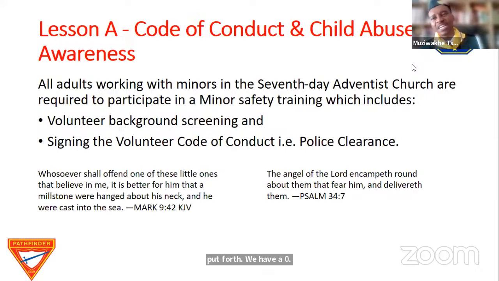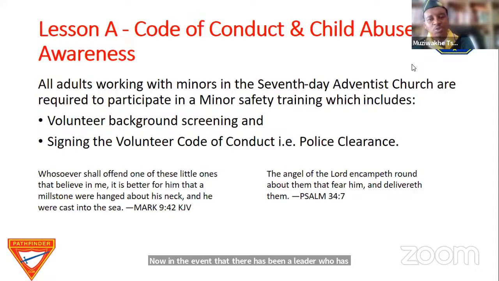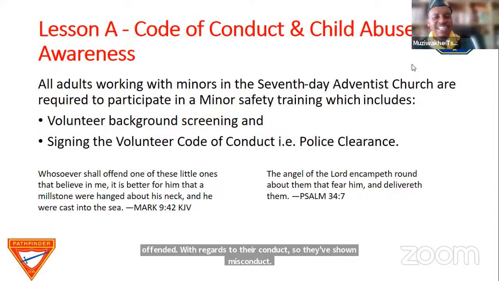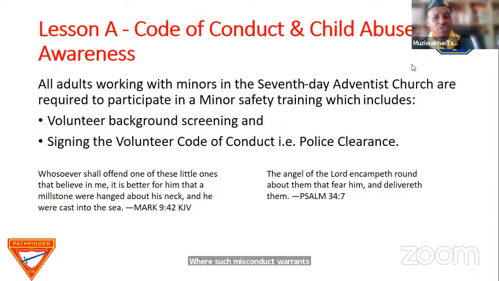Now, in the event that there has been a leader who has shown misconduct, where such misconduct warrants that the leader should return the insignia to the conference, it means that leader cannot continue to serve in the children or youth ministry, particularly this junior youth ministry, because I think we are very clear on that.